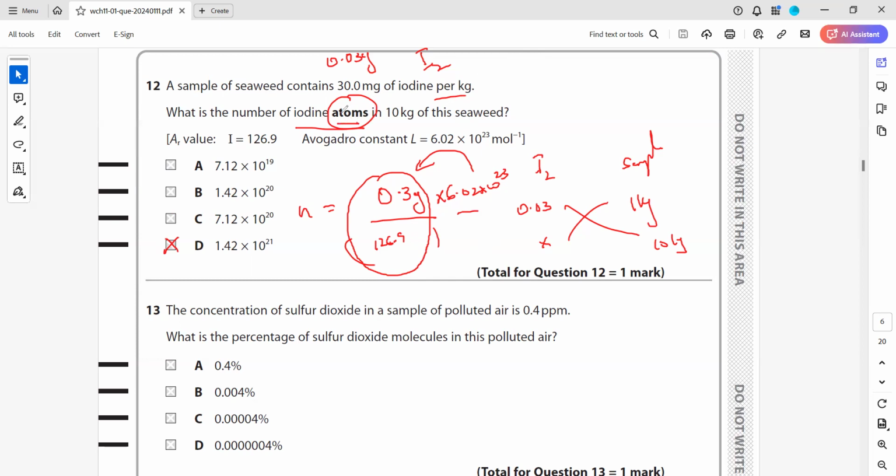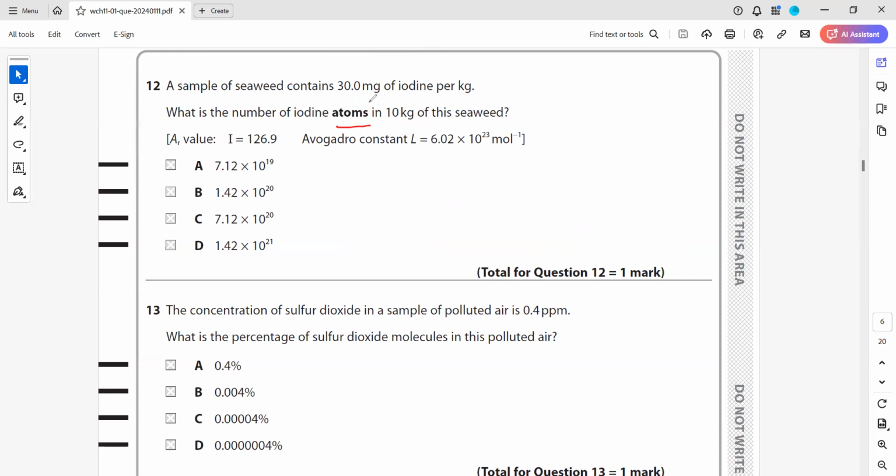Because in the question, it's written in bold, atoms. So number of moles of atoms will be found by dividing by the atomic mass. If it was only written number of moles of iodine, then we have to take iodine as a molecule, so they would be asking the number of moles of molecules. I did not notice that atom is bold, so that's why I should divide by the atomic mass, not the molecular mass.